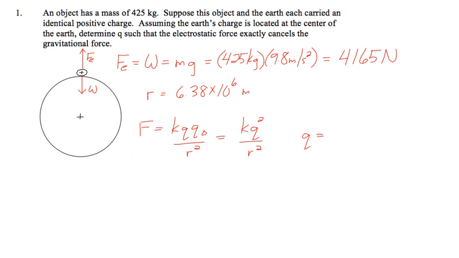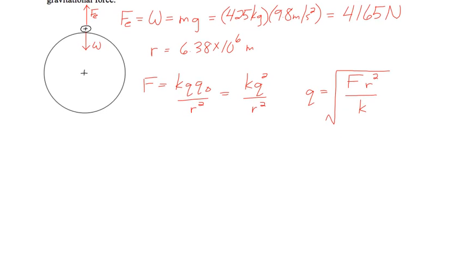So in doing the algebra, I'm going to get F R squared over K. Now, if I did that wrong, then my answer won't end up in coulombs. If I did it right, I'm going to get coulombs. So hopefully, when we plug in the numbers and I cancel everything out, I'm going to get coulombs for my answer. So the next step is to plug in.